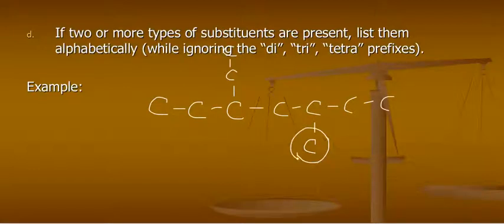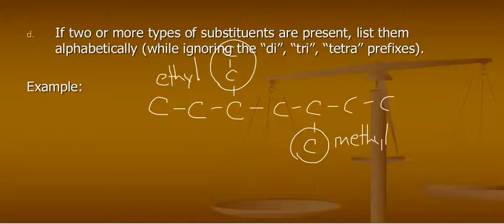We have a substituent here, which is called methyl, and a substituent here, which is a 2-carbon chain, that's called ethyl. Regardless of how we number, the substituents are going to be on carbons 3 and 5. So since these substituents will be on carbons 3 and 5, alphabetically ethyl comes first, so I want to start numbering from left to right, not right to left.